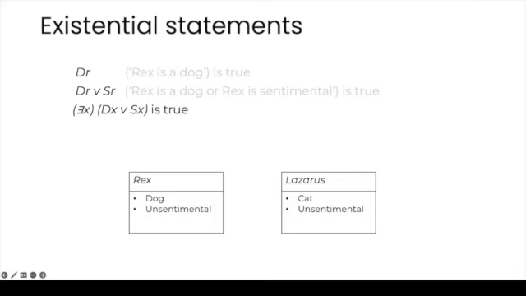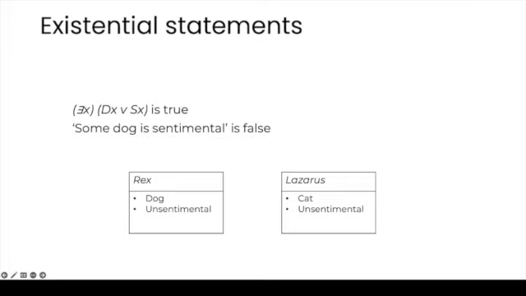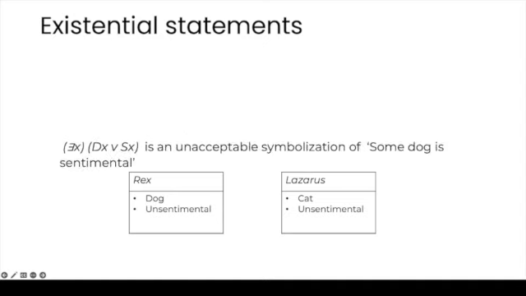This is the equivalent of the sentence that we have used as a symbolization, but the only difference is that we have the v instead of the ampersand. That's all the difference. However, remember that "some dog is sentimental" is false. So this sentence is an unacceptable symbolization of "some dog is sentimental," because they are not true in the same conditions.